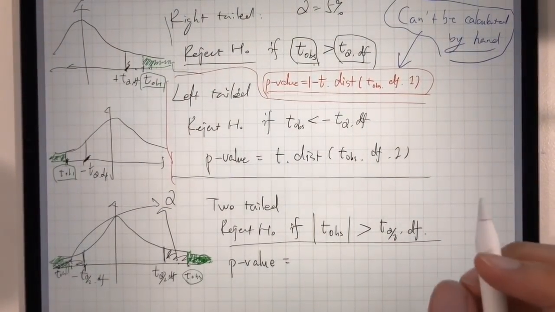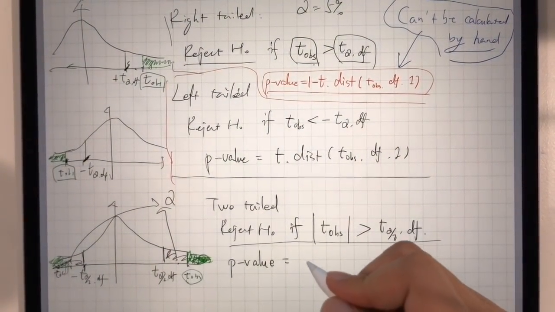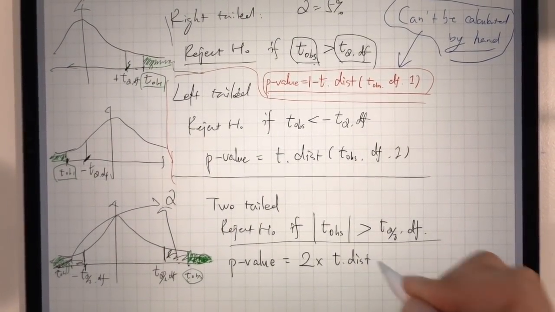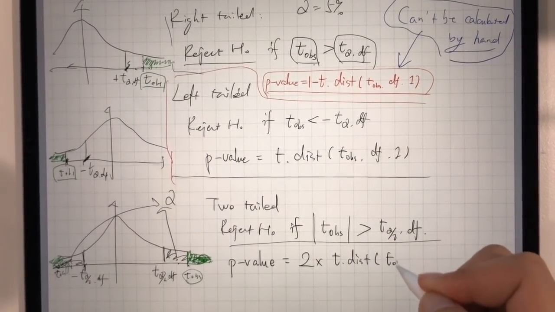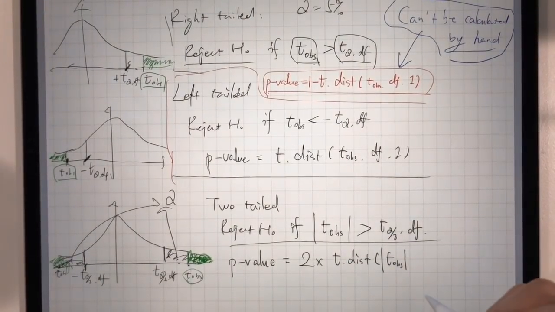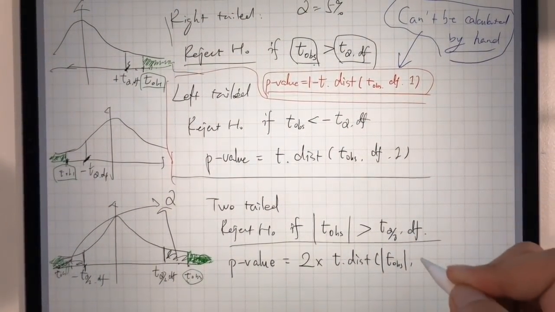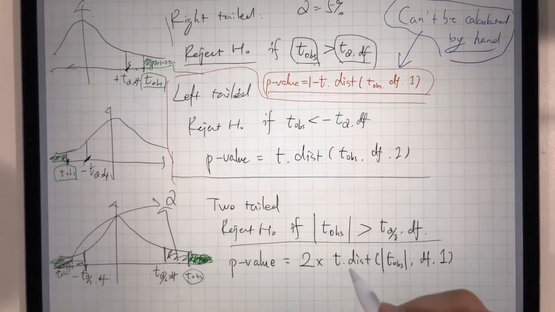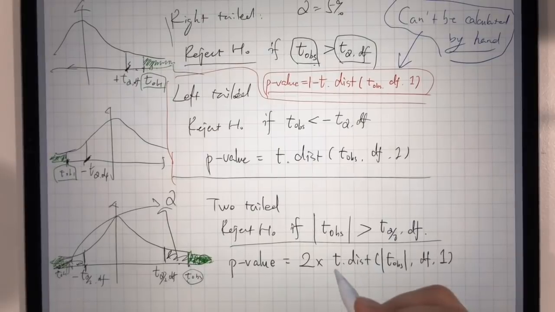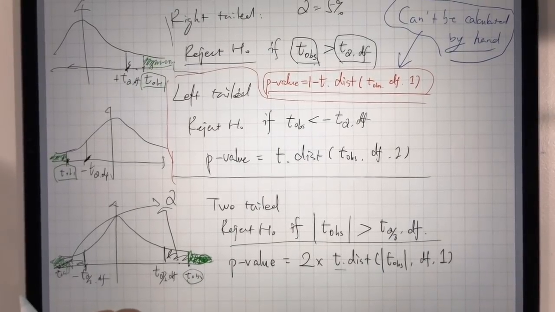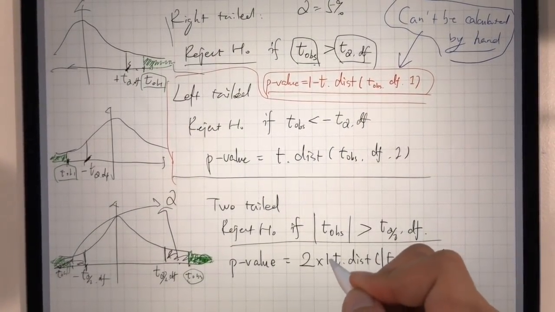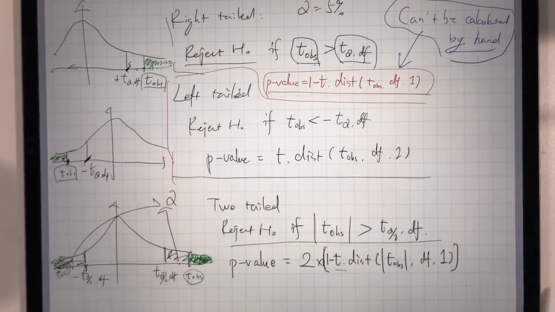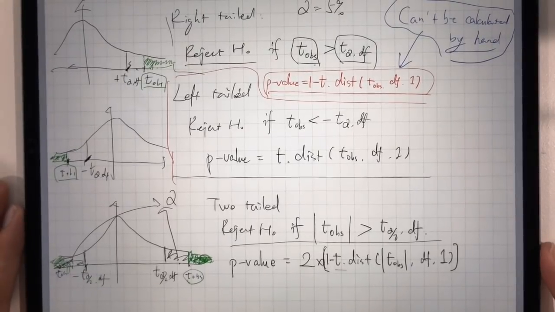So the p-value is just equal to 2 times T.DIST with t observed. Well, let's make it positive, okay? Make it positive, and then degrees of freedom and 1. If you make it positive, this formula will give you the left-hand side probability. So it's 2 multiplied by 1 minus this bad boy, okay? So 1 minus this bad boy.